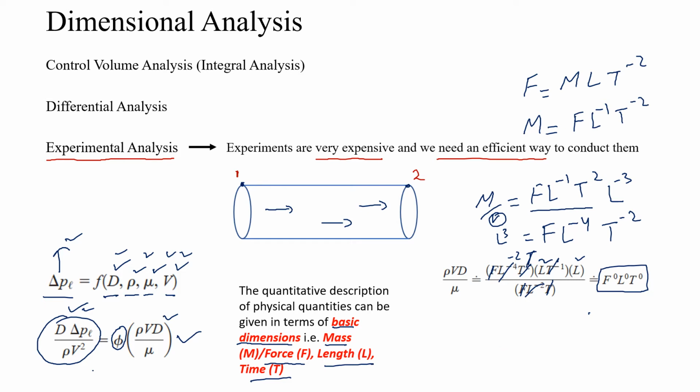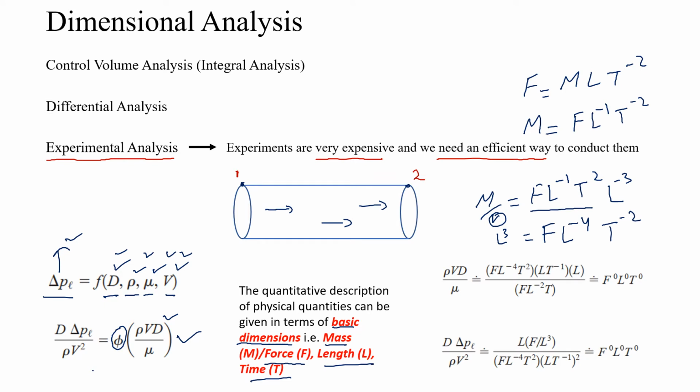Now let's see how the term on the left hand side of the equation that we wrote is dimensionless. If we add the units of diameter, the pressure drop per unit length, the density and the velocity, we will come up with this same result, and this is also dimensionless. Here you might be confused about how the pressure drop per unit length is represented.